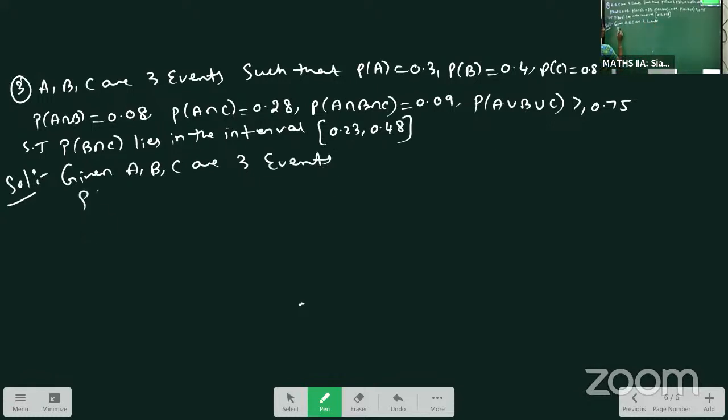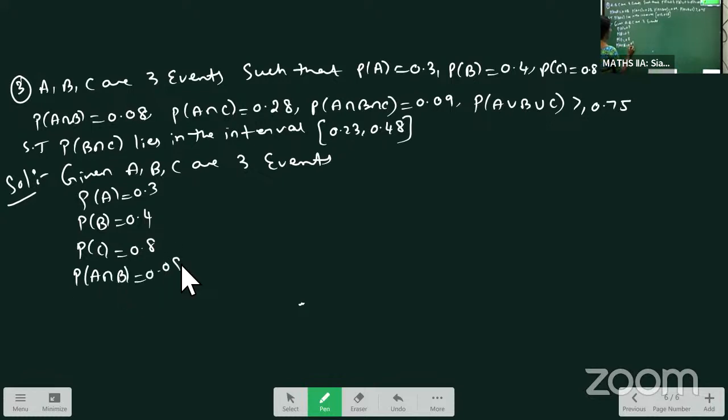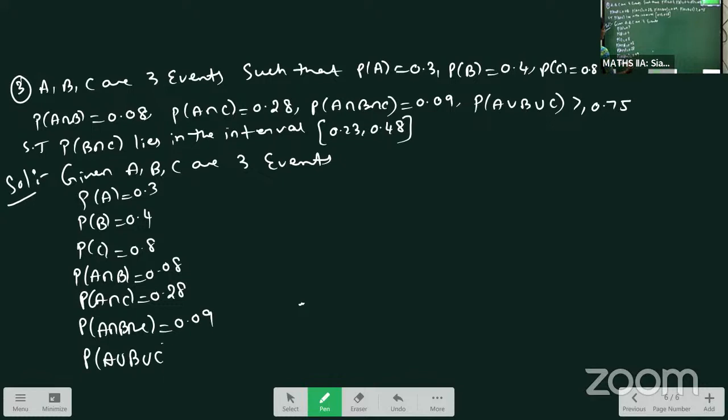So given data is P of A 0.3, P of B 0.4, P of C 0.8, P of A intersection B 0.08, P of A intersection C 0.28, P of A intersection B intersection C 0.09 and P of A union B union C greater than or equal to 0.75.